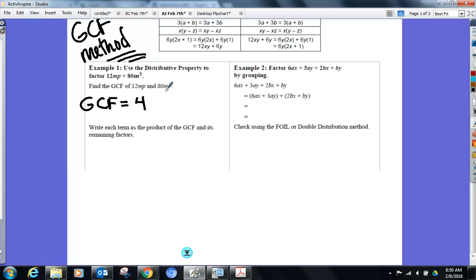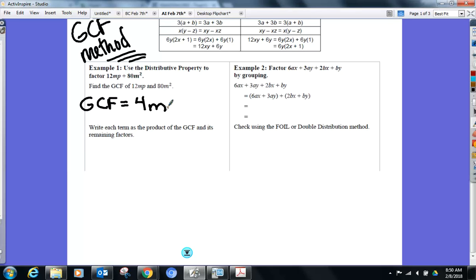Which one has the lowest exponent? M to the first. So I'm just going to take out an M as the GCF. Do both of them have P's in it? No. So I'm not even going to touch the P. That's not part of my GCF. So my GCF for this one would be 4M.